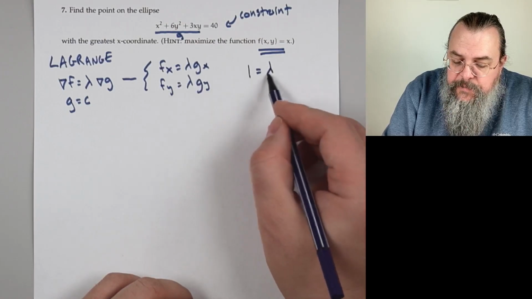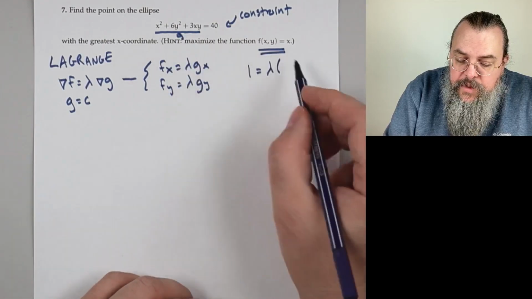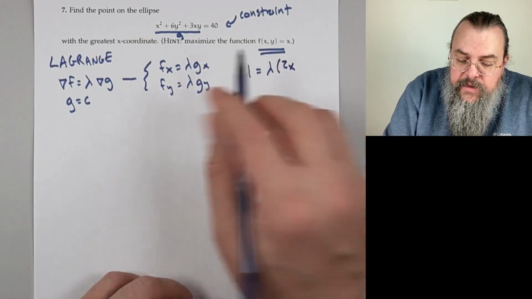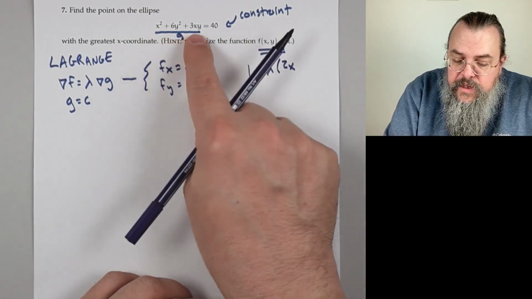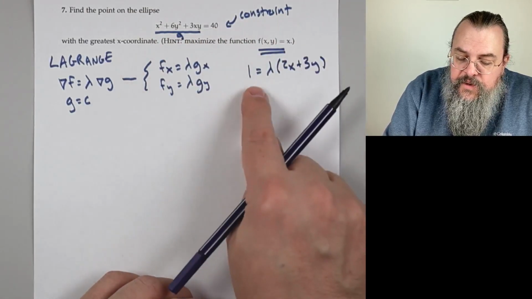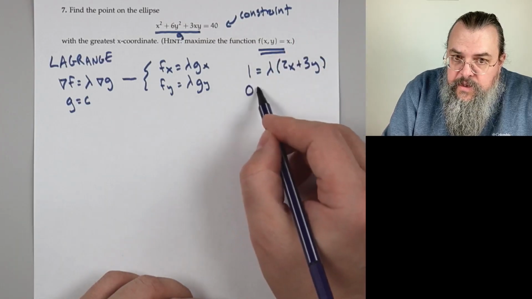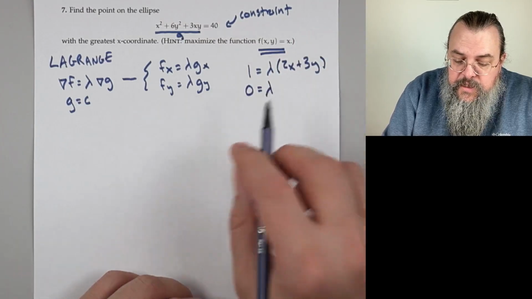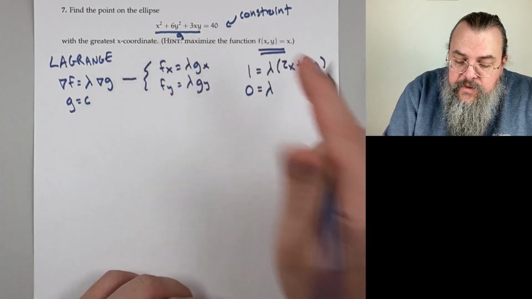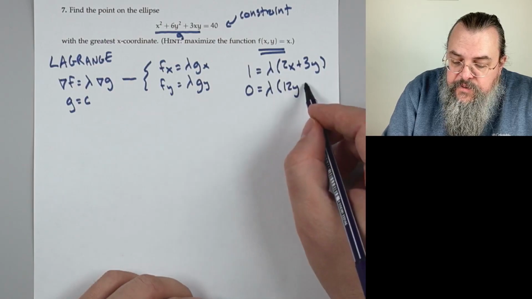That is equal to lambda times g sub x, which would be 2x plus 3y. f sub y is 0, there is no y, and that has to equal lambda times g sub y, which is 12y plus 3x.